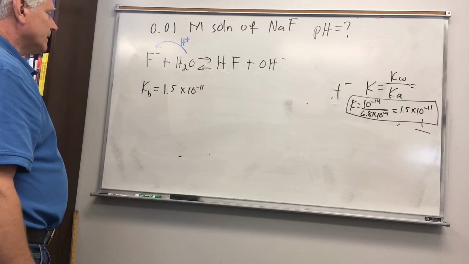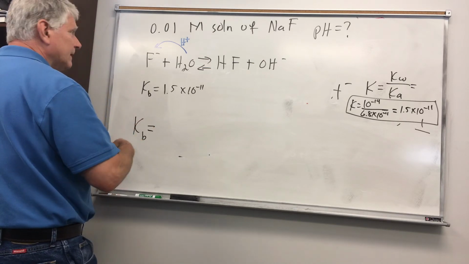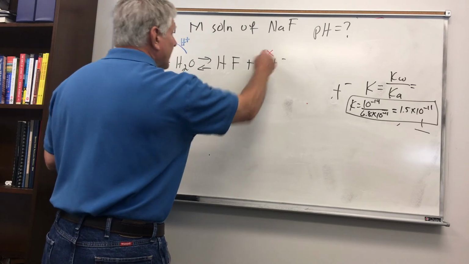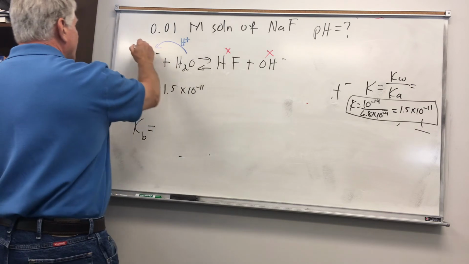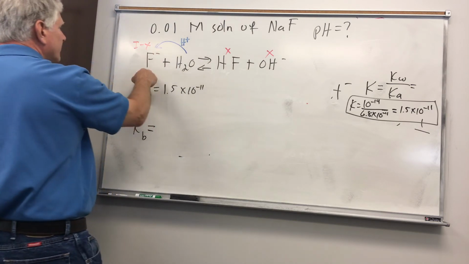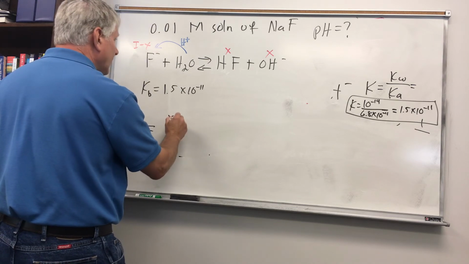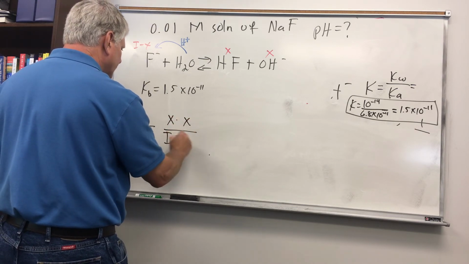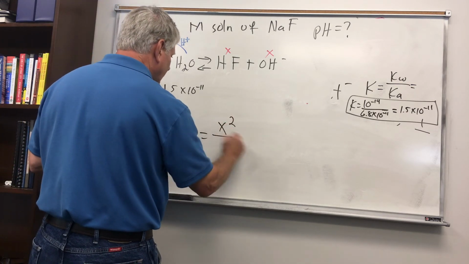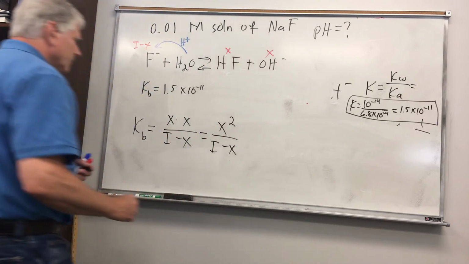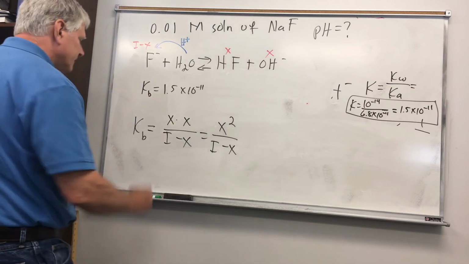So let's calculate the pH. Kb is equal to, we'll let x be, as before, the amount of OH minus formed. So HF is x, and this would be initial minus x for F minus. So our equilibrium expression will be x times x over I minus x. Start to see a pattern here. x squared over I minus x. We can use the quadratic formula to solve for x, which is the OH minus concentration.